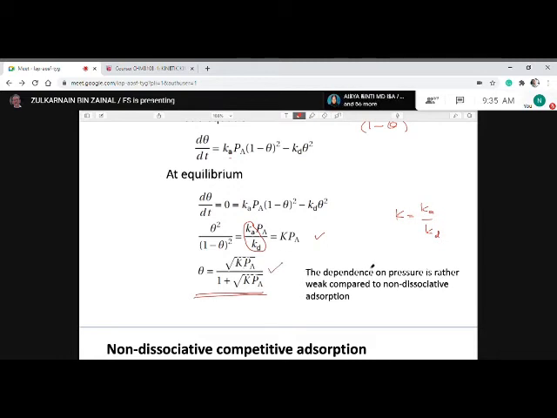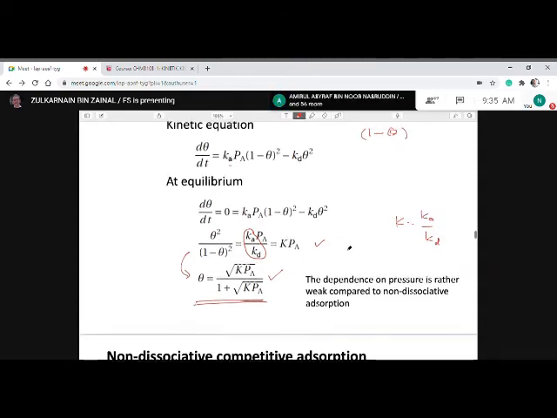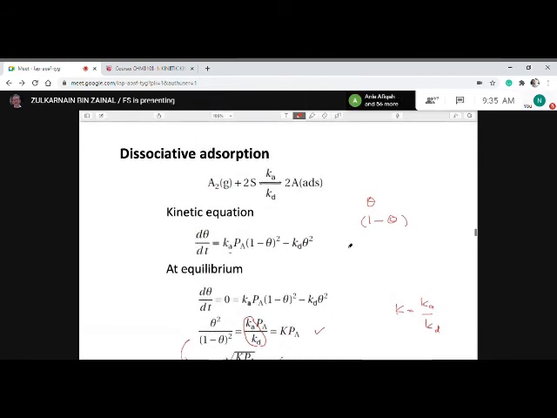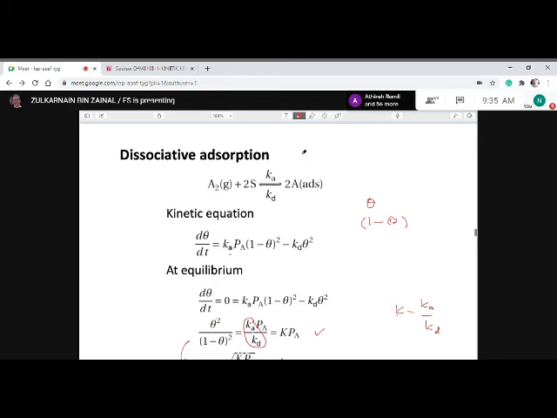It is not difficult to get from here to here, you can show that. How do you get this equation from the previous one? Remember, this is the case of dissociative adsorption, where A2 adsorbs on the surface and at the same time dissociates into atoms for the adsorption to occur.